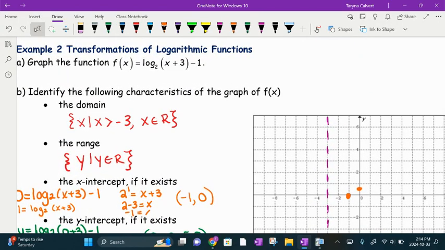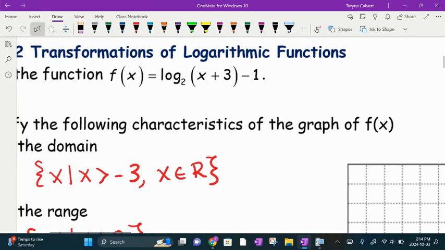So are we okay with describing the transformation? If I asked you to say in words the transformations on this, you would just tell me, because we're comparing it to y equals log base 2 of x. You have to assume that's what we're comparing it to. So this one would have a horizontal translation of 3 to the left and a vertical translation of 1 down.